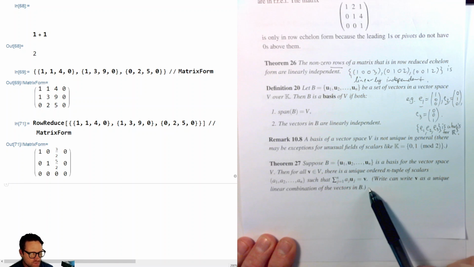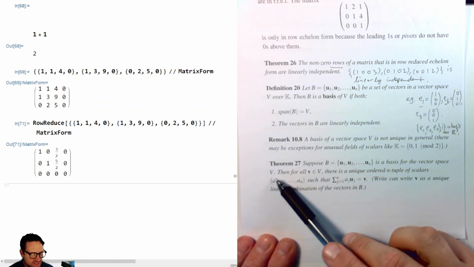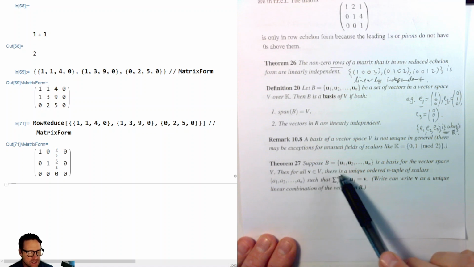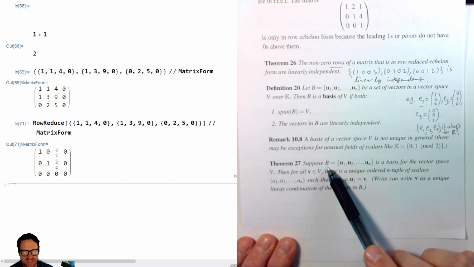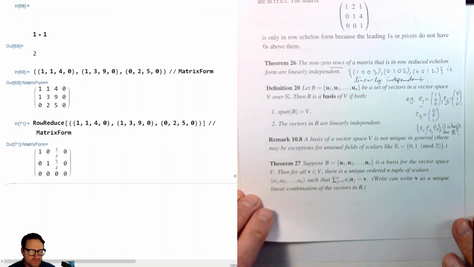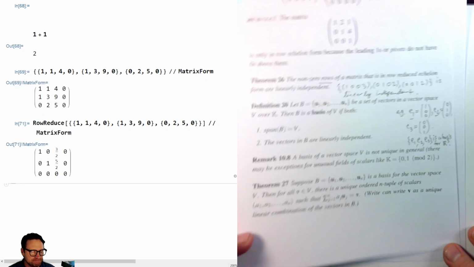All right, so in other words, we can always write v as a unique linear combination of the elements in B, in the basis.